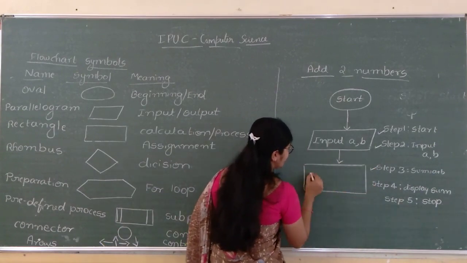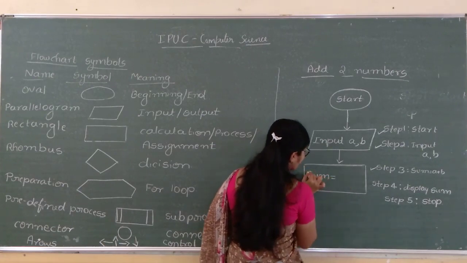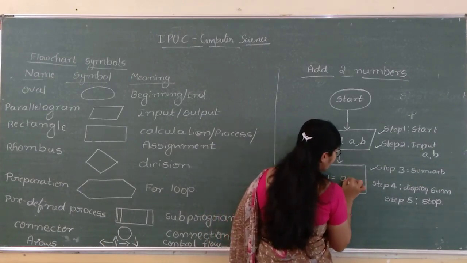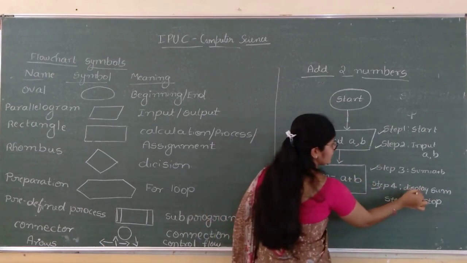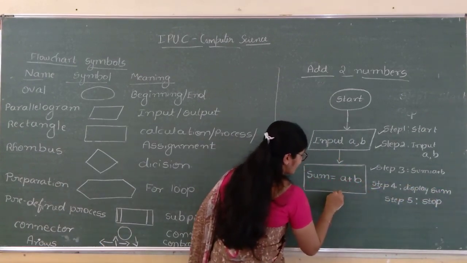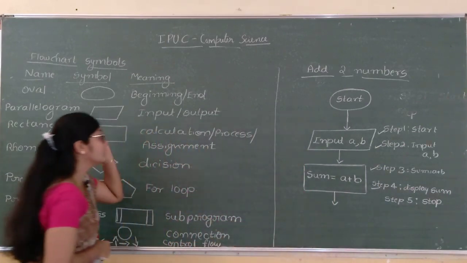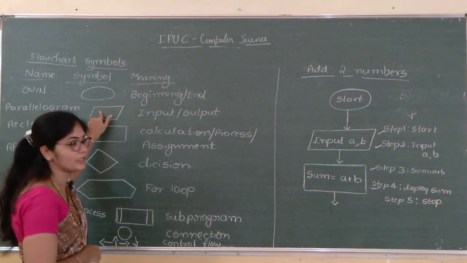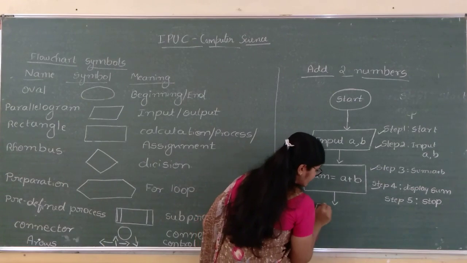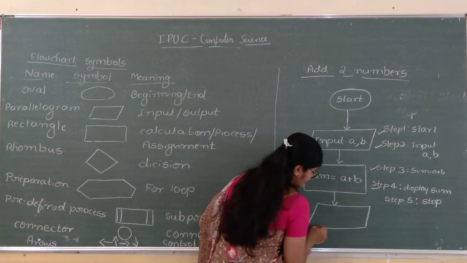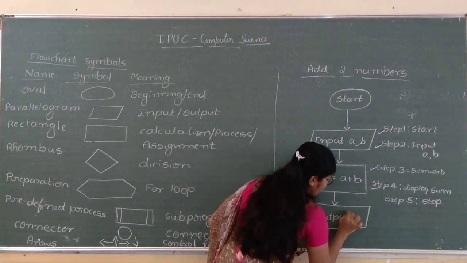Calculation, process or assignment. Symbol used to denote calculation is rectangle. Calculation is sum is equal to a plus b. Next, it has to display the result, that is sum of those two numbers. So, symbol used to denote output is again parallelogram. Output sum.